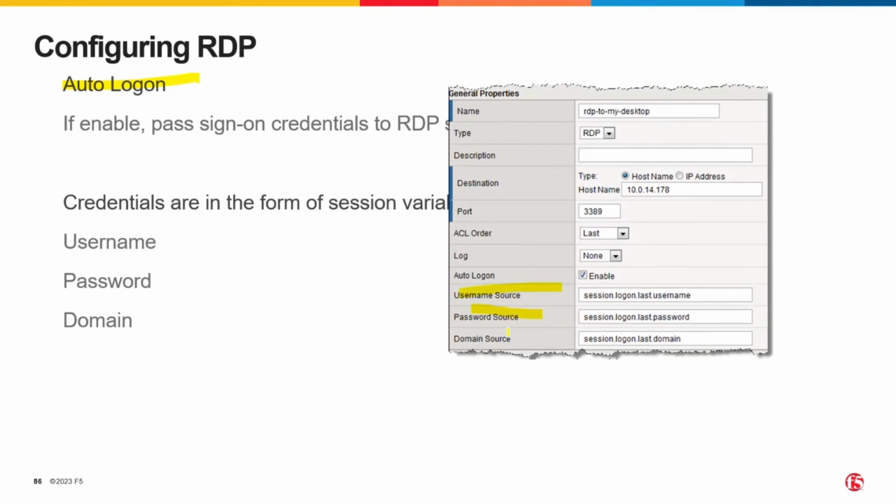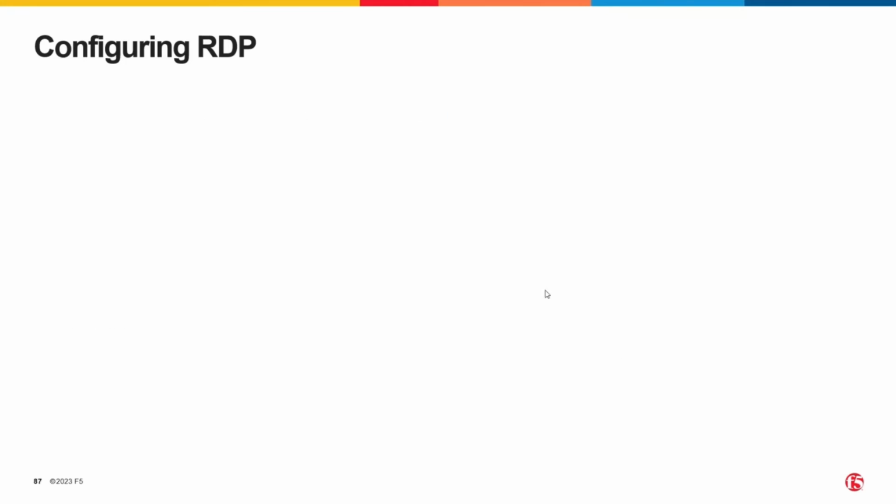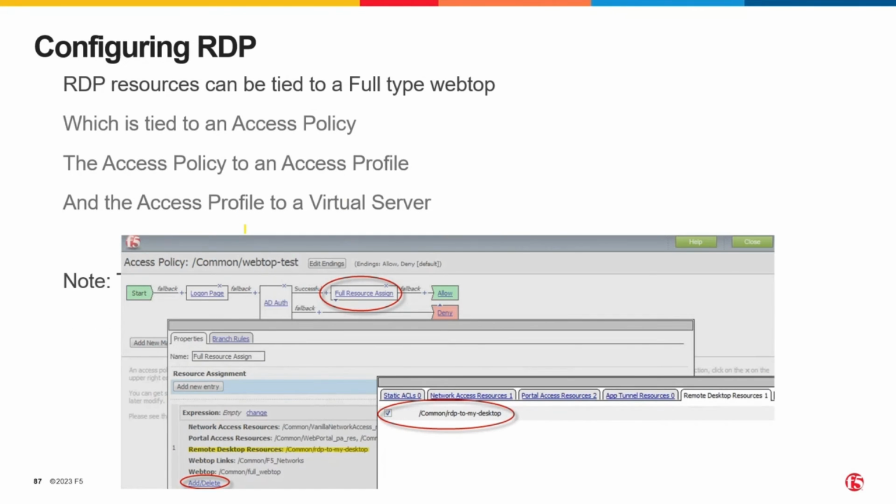So you can use this username source, password source to log on automatically into that computer, into that desktop. Okay, so this is how you add this. So you create that RDP configuration and then you add that under advanced resource assign in your policy. So first you create the object and then you assign that to that particular user.